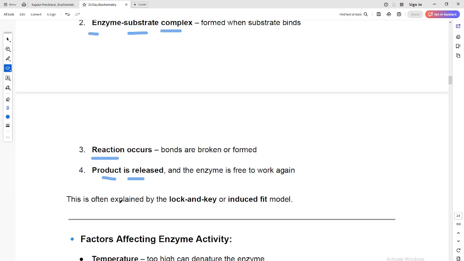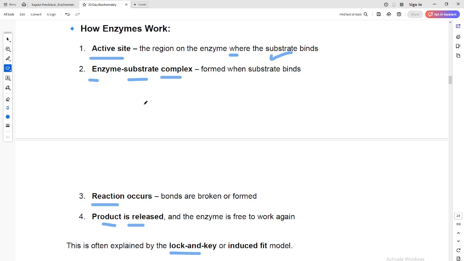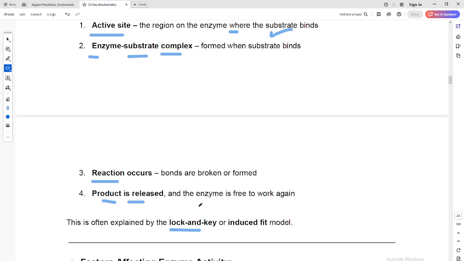This is often explained by two theories. The old one is called the lock and key theory. It forms an explanation of the specificity of the enzyme, that this enzyme works only on one specific substrate.